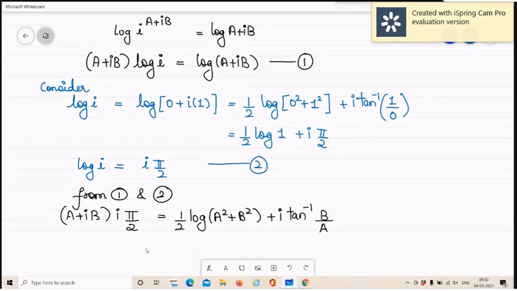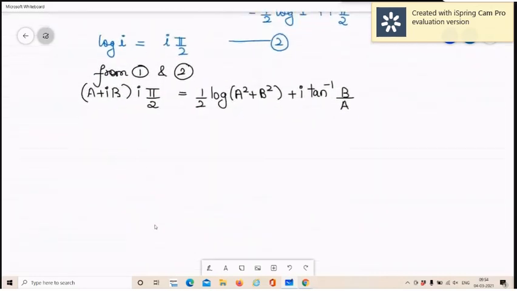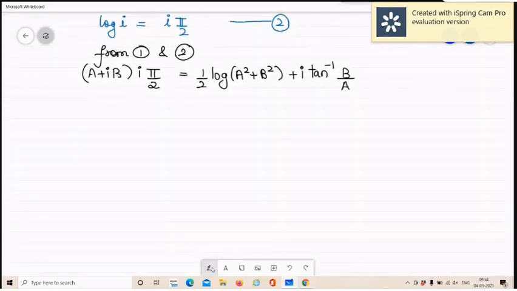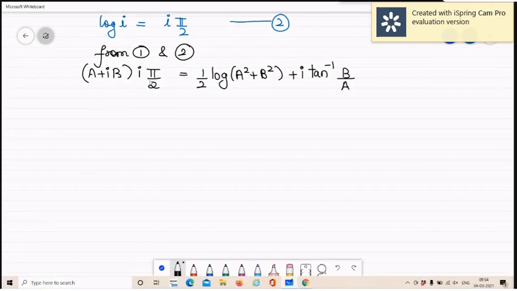Before equating the real and imaginary parts, I will open this bracket.